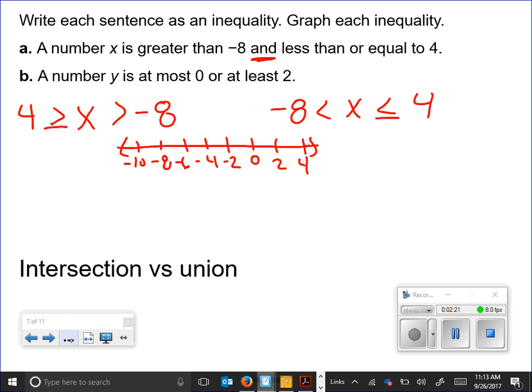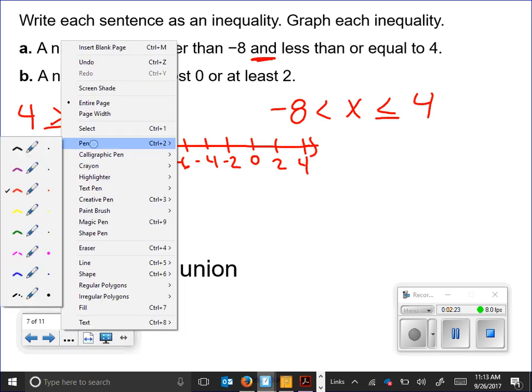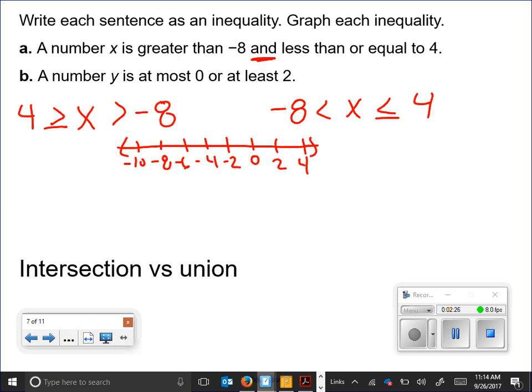Okay, so I'm going to graph wherever a solution would be. So x is going to be greater than -8. I have an open circle at -8 because it's not greater than or equal to. So it's to the right of -8, but it's also less than or equal to 4. So I can do a closed circle at 4, and shade everything in between. As we already talked about, this is called an intersection. They intersect here; the solutions run into each other.